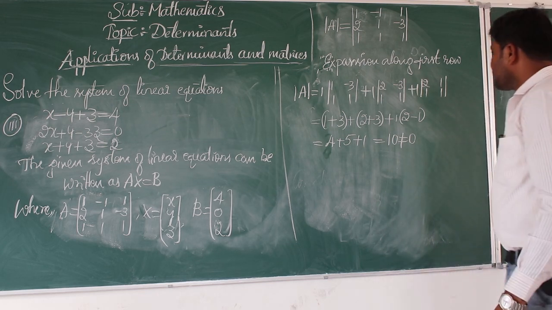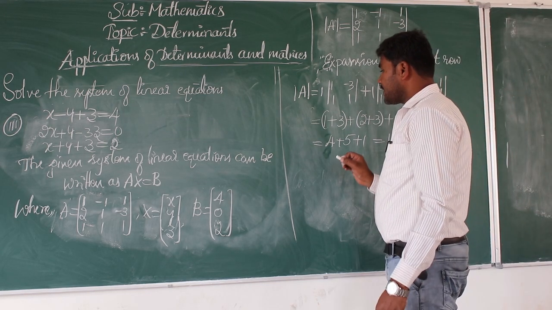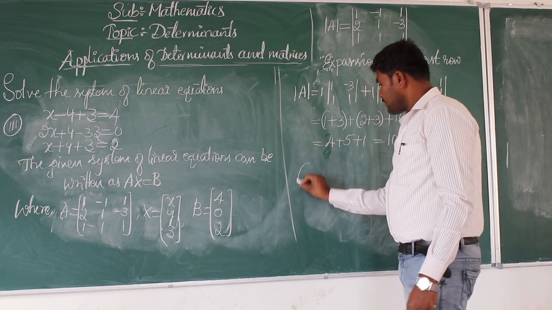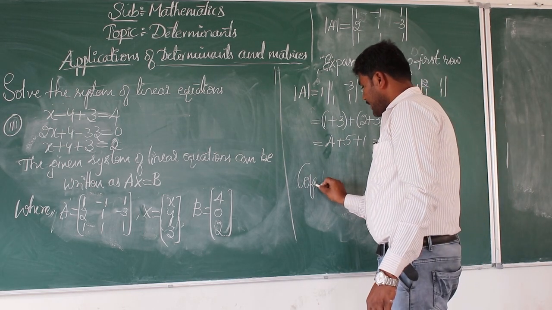To find the inverse, first we have to find the adjoint. To find the adjoint, first we need to find the cofactor matrix.